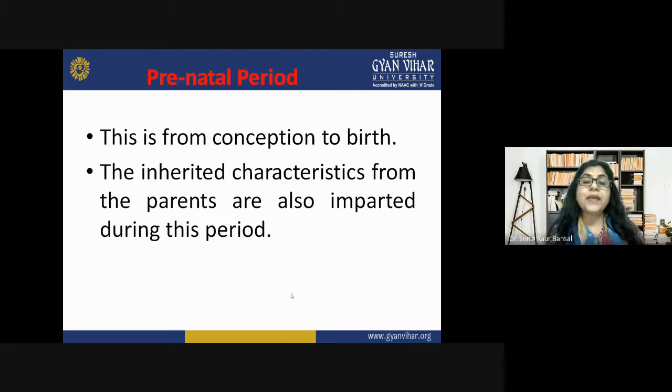Heredity plays a very good role in imbibing the good characteristics in a child. All right, students, this is a very crucial and important time for would-be mothers to take care of their child in the womb with a lot of care.